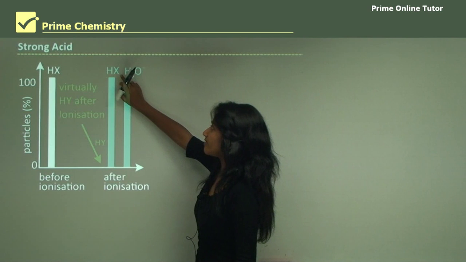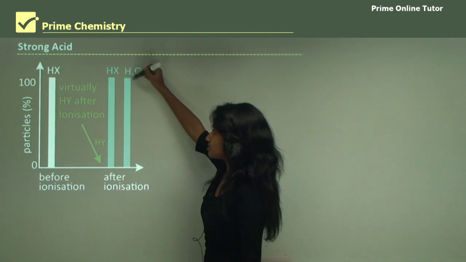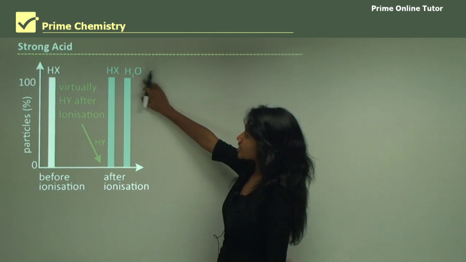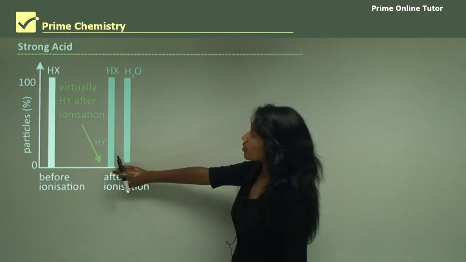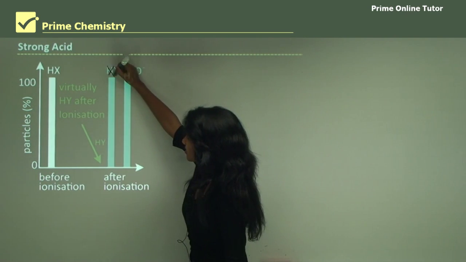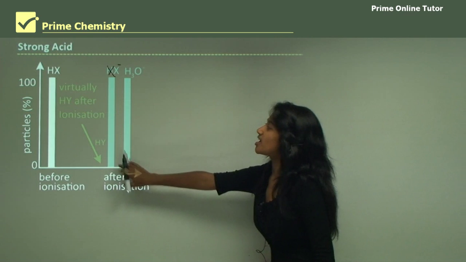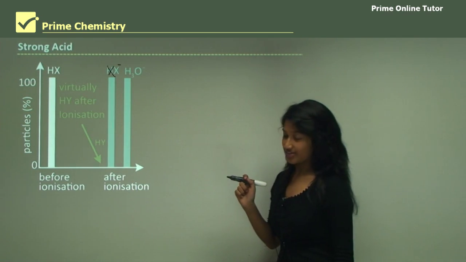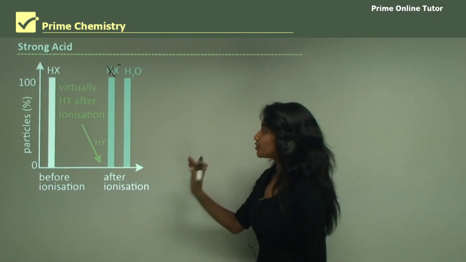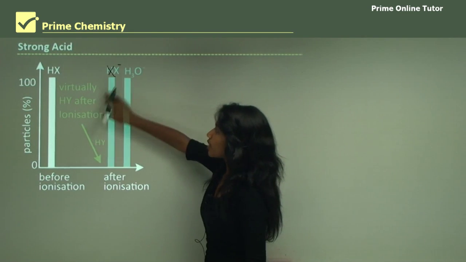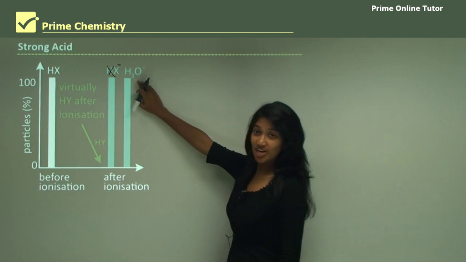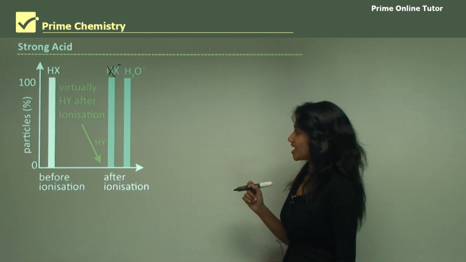That means we're going to have completely all of the H3O plus, and we're also going to have X minus, 100% of X minus ions. So you can see that it has completely dissociated to form the same concentration of X minus ions and the same concentration of H3O plus ions.